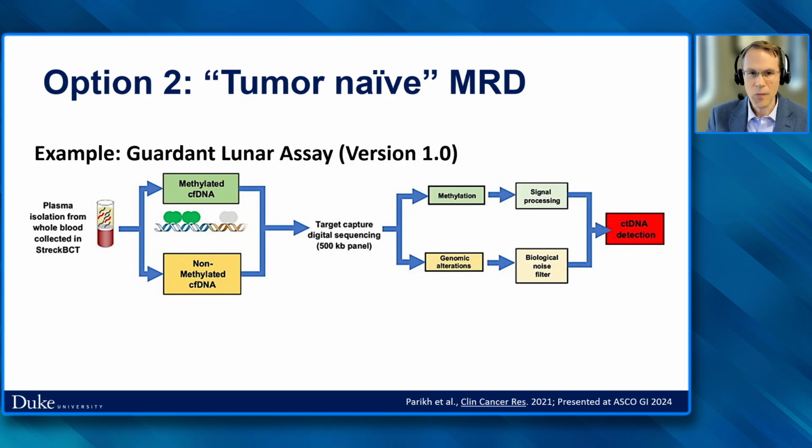Now, this one, because it is technically more challenging, this technology has been under some development over the last several years, but it is entering the clinic as an option as well. This offers some advantages in that it's a little bit quicker. You don't have to sequence tumor tissue. You don't have to access tumor tissue to run this type of a test.